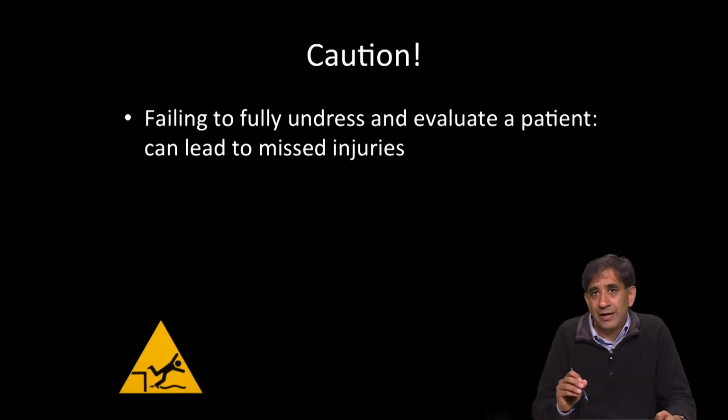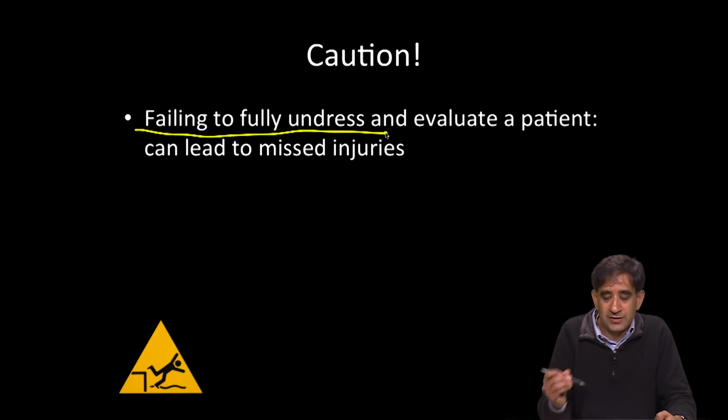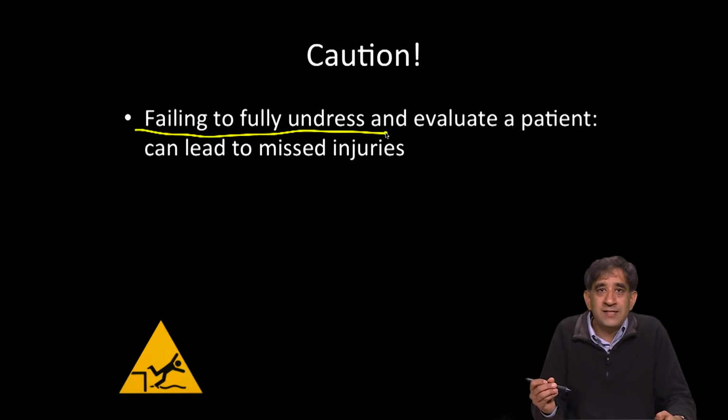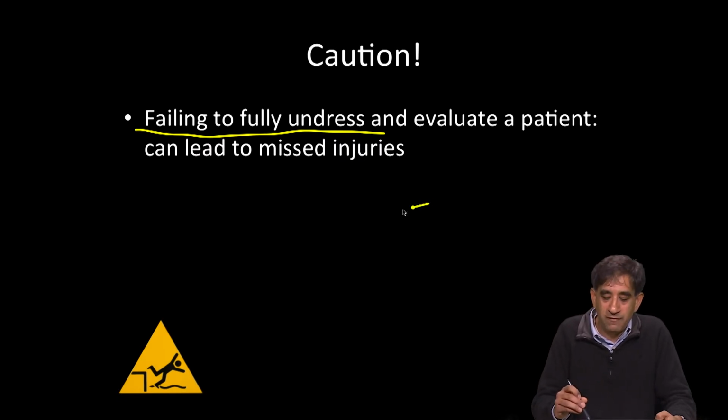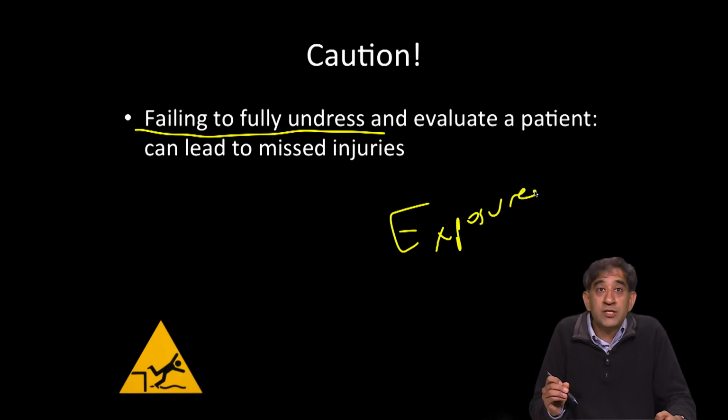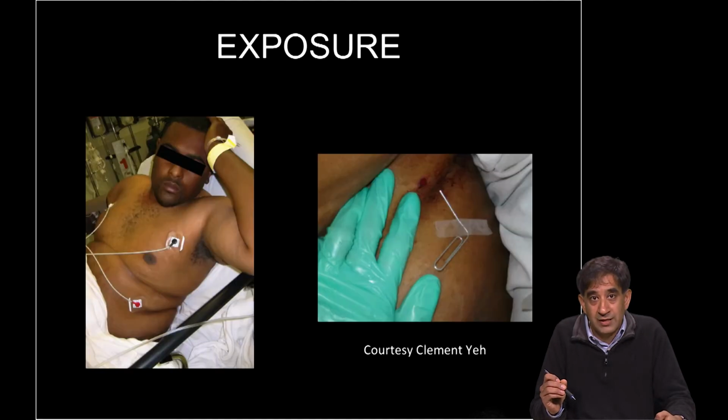One area where we can potentially make an error is failing to fully undress the patient and look for these subtle injuries. This can lead to missed injury, so it's very important as part of exposure to, again, remove the patient's clothing entirely and look at every part of their body to try to identify injuries.